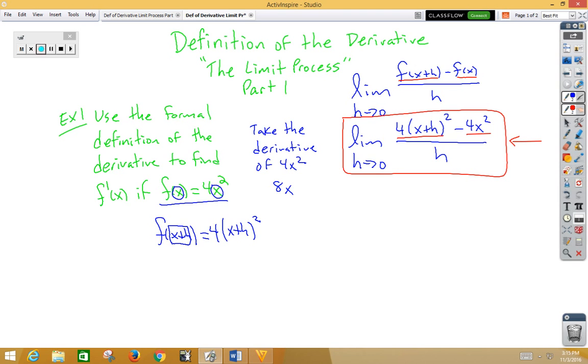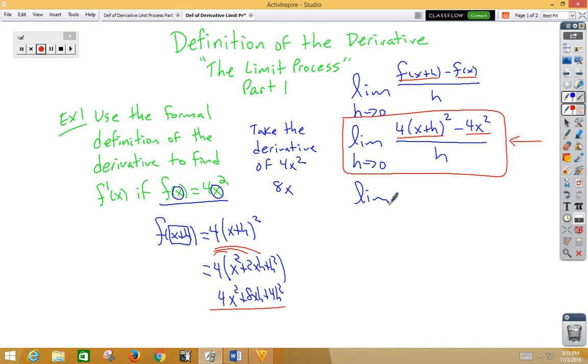So the next thing we need to do is FOIL that x plus h squared. So if I come down here, I get 4 times x squared plus 2xh plus h squared. Distribute my 4, so I get 4x squared plus 8xh plus 4h squared. This I'm now going to bring up.